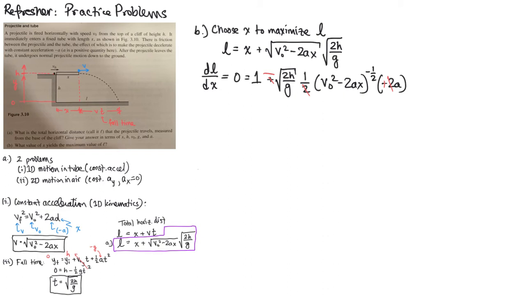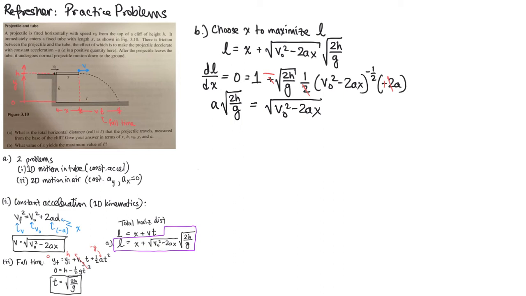We also have this term here as a 1 over a square root, and so we can separate the terms on either side, and we'll have something that looks like this. Square root 2h over g on one side times a is equal to the square root of v naught squared minus 2ax. Okay. And then all that's left now is really the math crank. Turn the math crank.